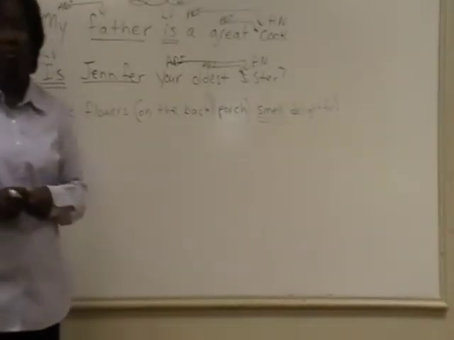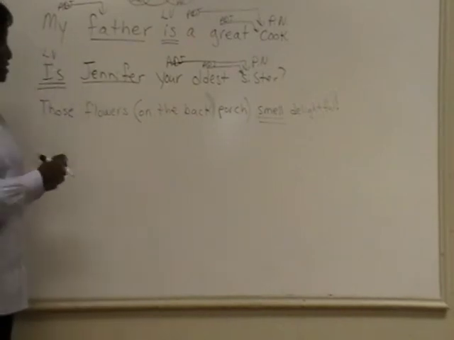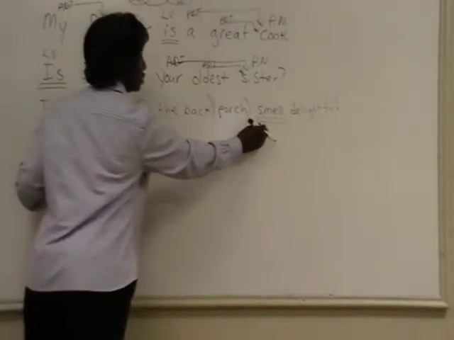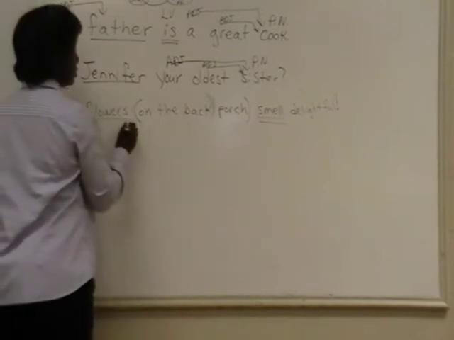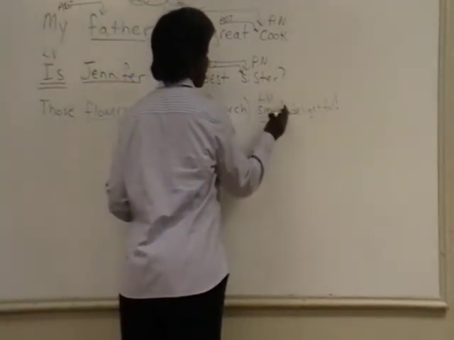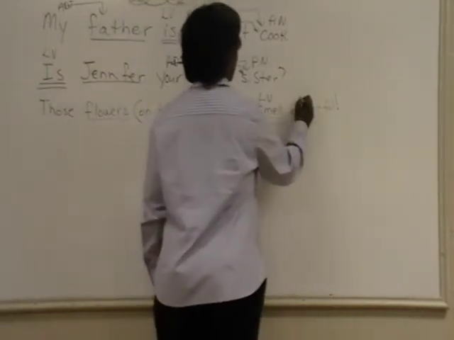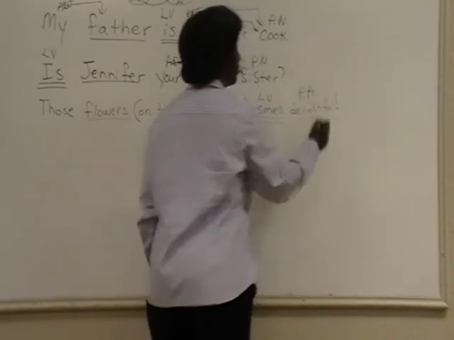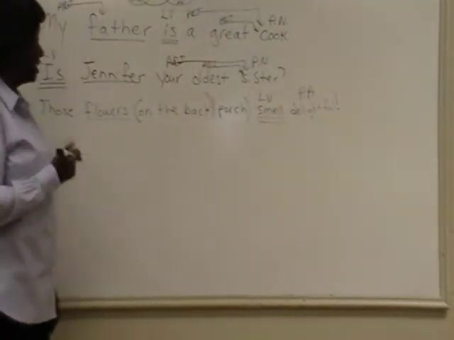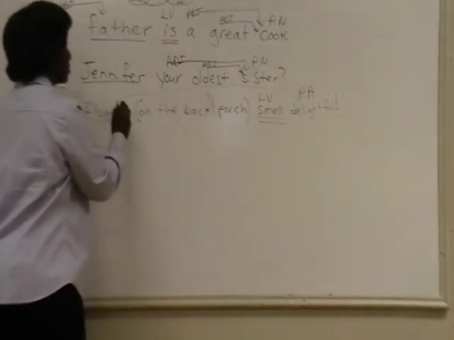Those kind of words are going to be linking verbs as well, because it's describing it through your senses. So you've got smell is your verb, flowers is your subject, and then smell is a linking verb because it's describing how delightful those flowers smell. Since it's describing and not renaming, this one is an adjective, which is linking back to the flowers.